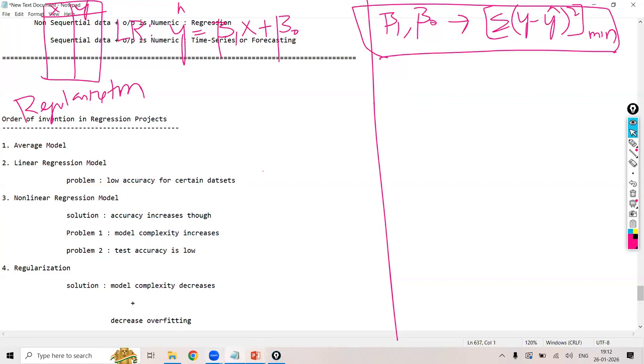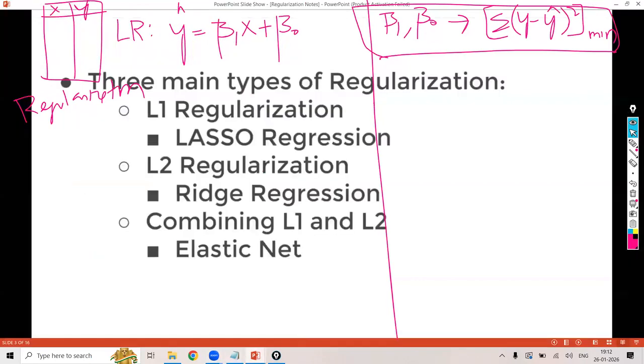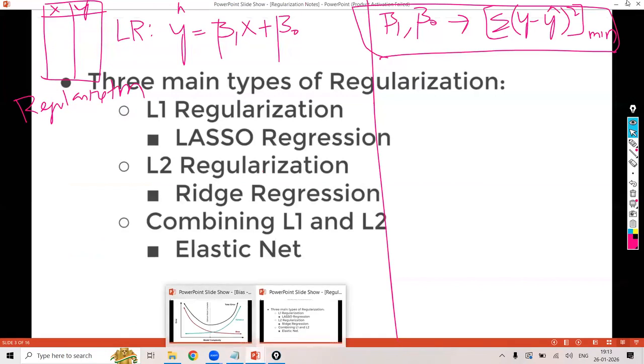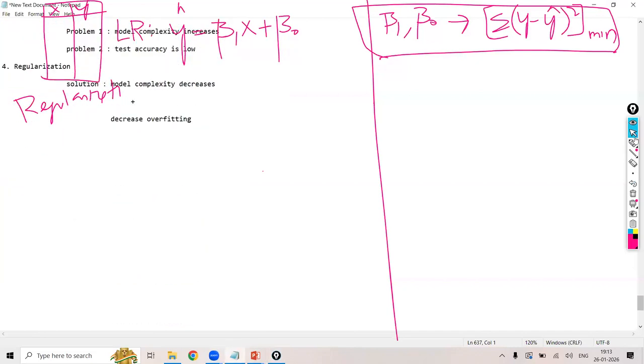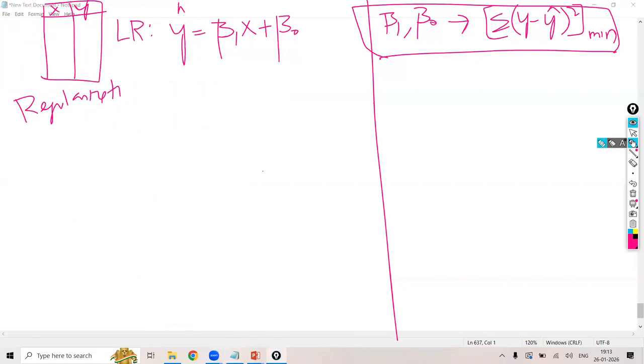Now, how it will be solved: earlier I told you, in the non-linear regression, the equation is bigger. Now in regularization, the equation will be as it is, beta 1x plus beta naught.